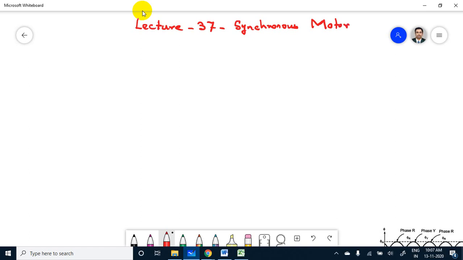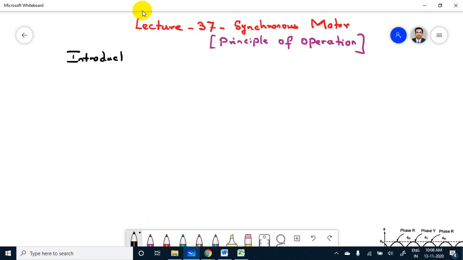Synchronous motor, principle of operation. First, introduction.